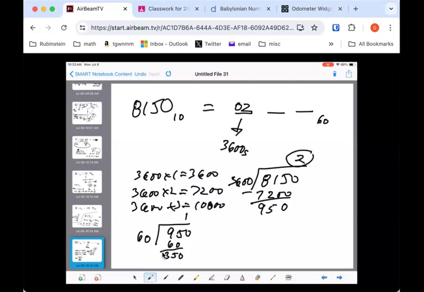I got myself confused here. 6 times 5 is 300. So this 15 ends up becoming the 60's place. And then the leftover, the 50, that ends up becoming the 1's place.